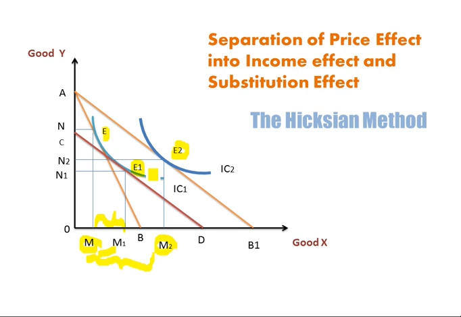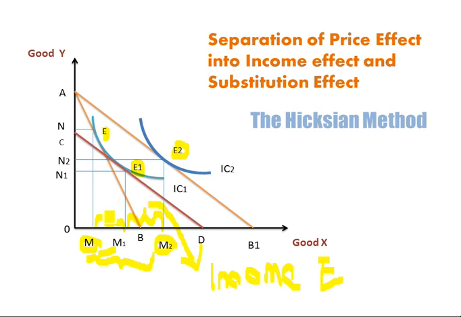So the consumer is in new equilibrium at point E2, and there is a movement from M1 to M2. This movement is known as income effect. It's a bit difficult to write with this. Okay, income effect. This is known as income effect.